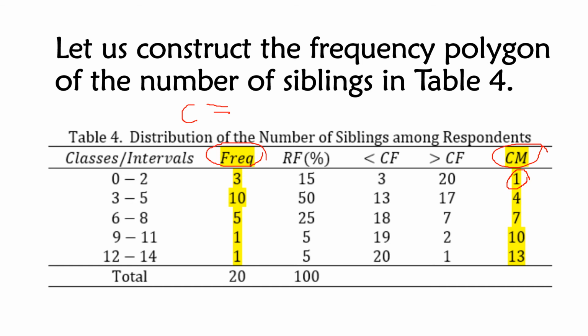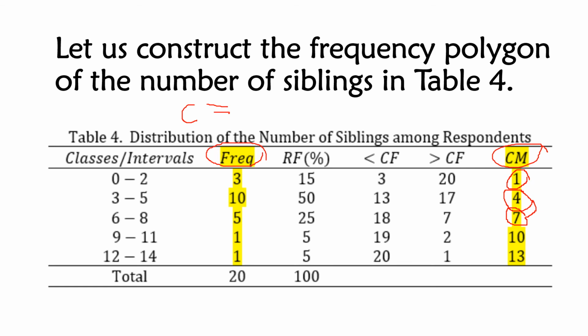So the second class mark is now equal to 4. And then if you get the second class mark, you added the value of C to the second class mark to get the third class mark. In this case, the third class mark is equal to 7. So what is now the value of C?